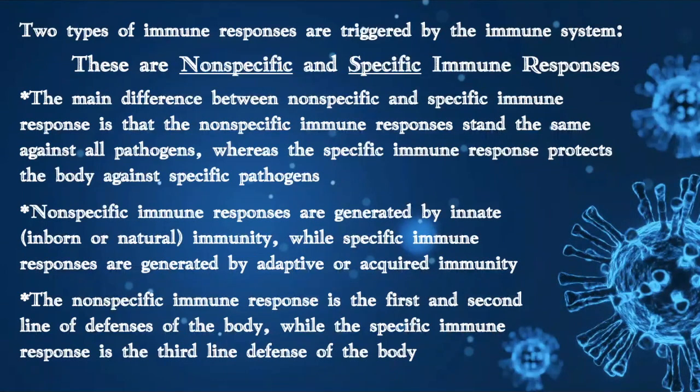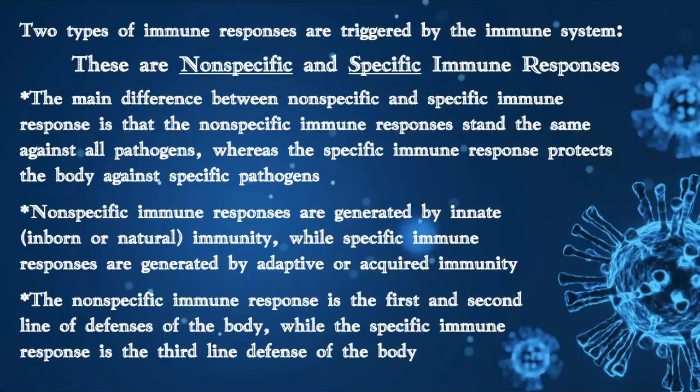Now, there are two types of immune responses that we're going to focus on. There's nonspecific and then specific immune responses. The main difference between the two is that nonspecific immune responses stand the same against all pathogens. So it's not specific to a specific type of virus or bacteria. It's just very general.